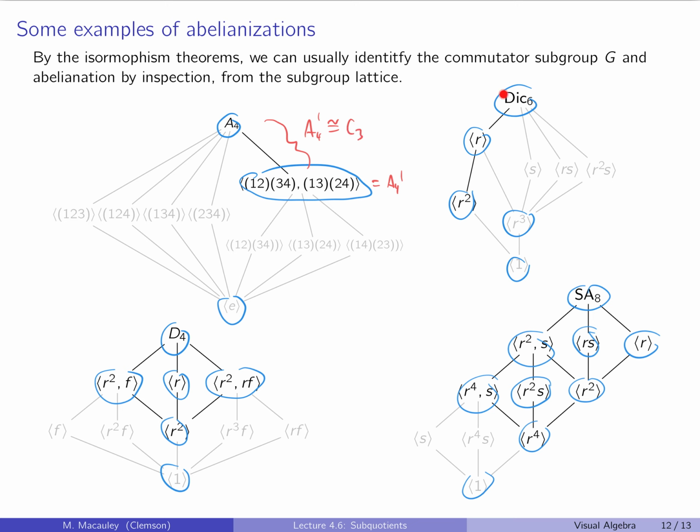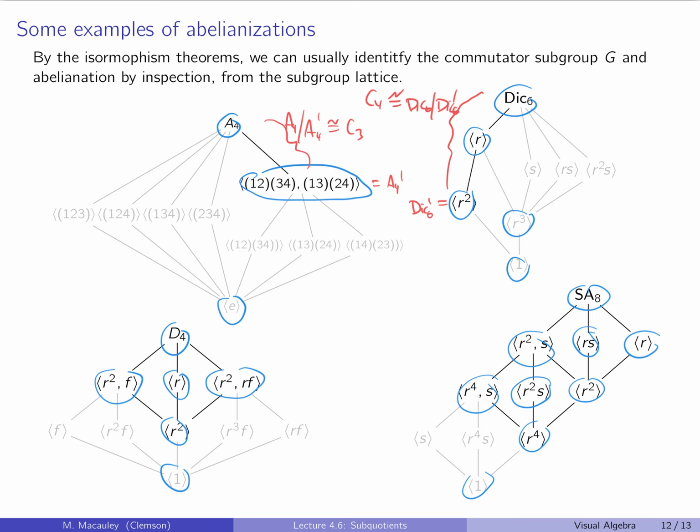Up here, dic 6 mod r cubed, well, this is D3, that's non-abelian, but dic 6 mod r squared, this is the commutator subgroup, and this is, oh, sorry, I said A4, I meant dic 6 mod dic 6 prime. So this is isomorphic to C4, and you can recognize that lattice of C4 right there.